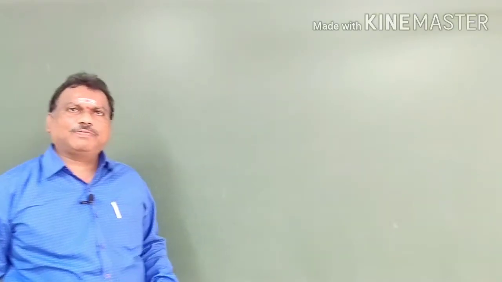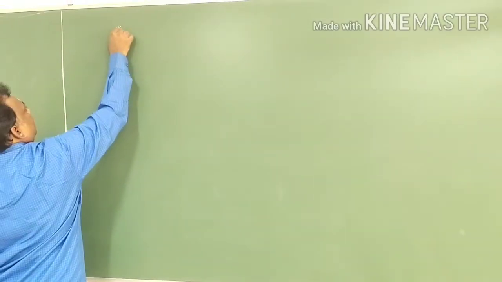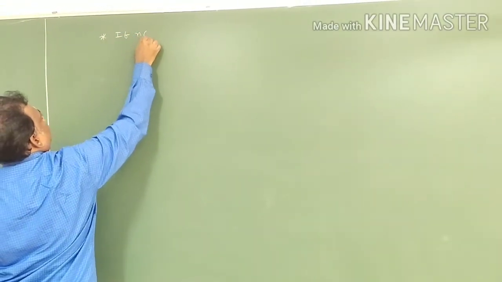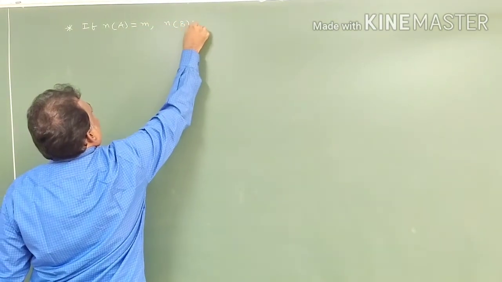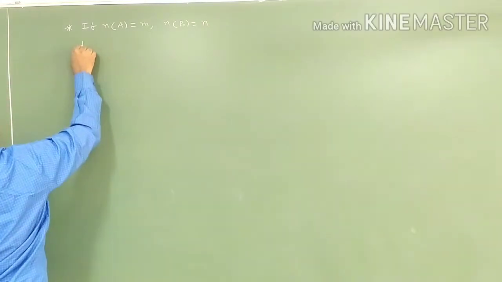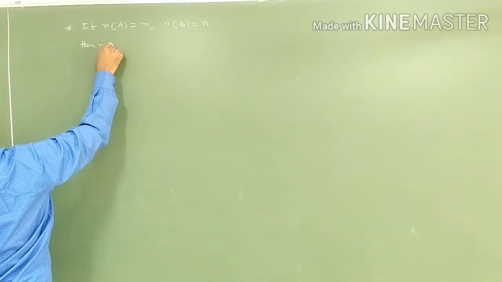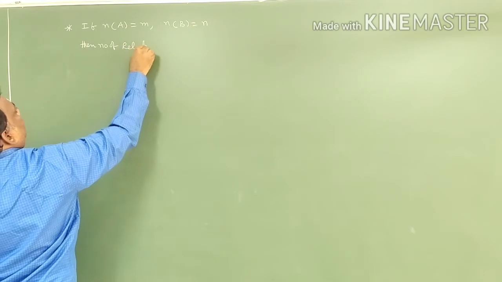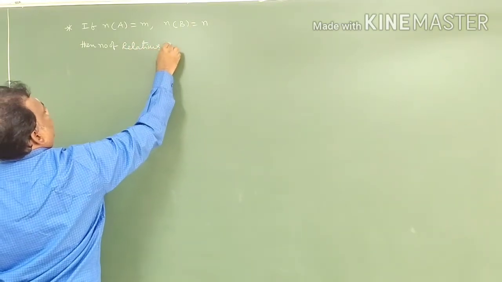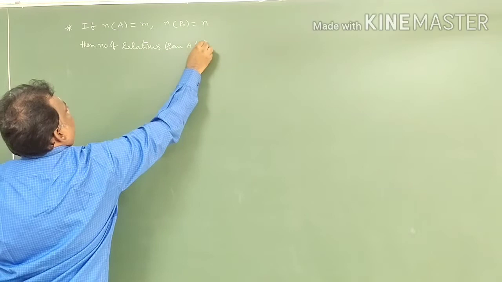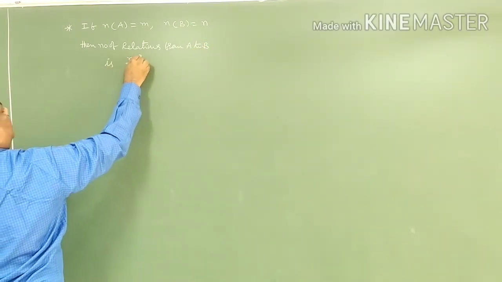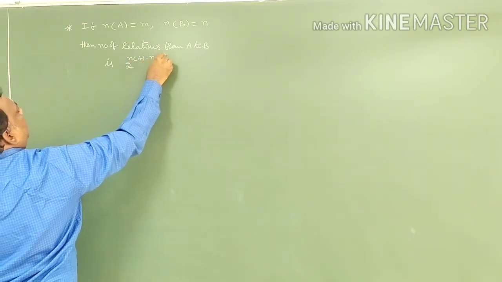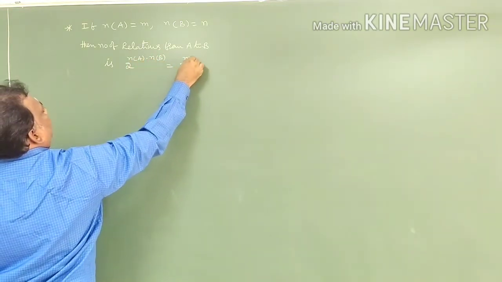Students, the number of subsets is 2 to the power of mn. Then next, if n of A is equal to m elements and n of B is equal to n elements, then the number of relations from A to B is 2 to the power of n of A into n of B. That is nothing but 2 to the power of mn.